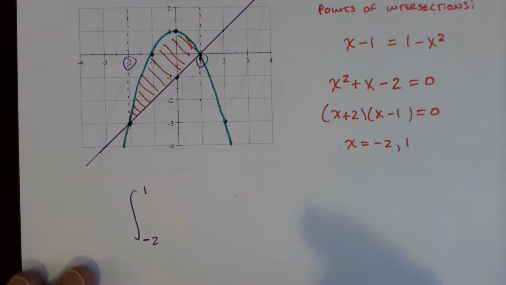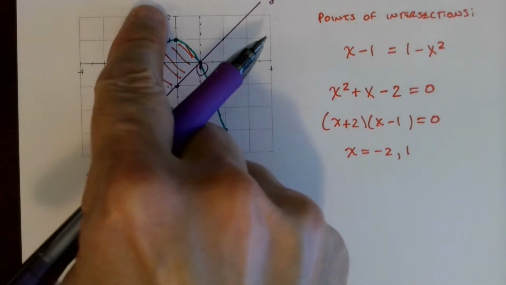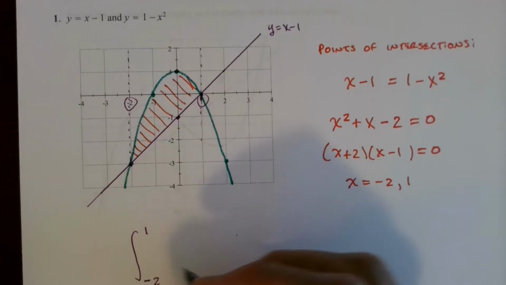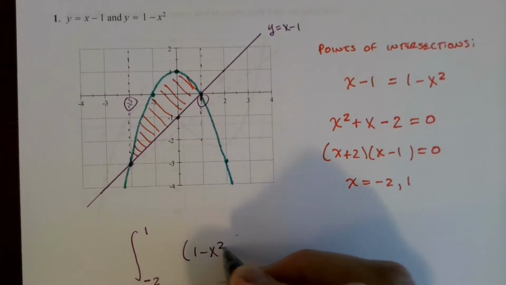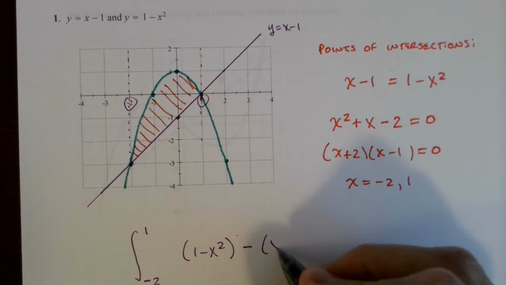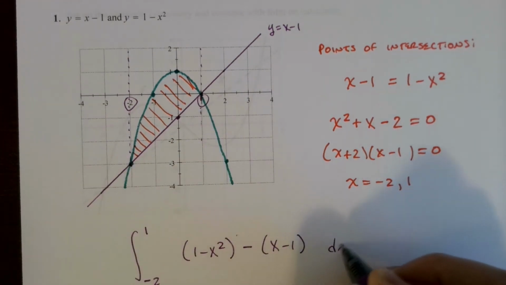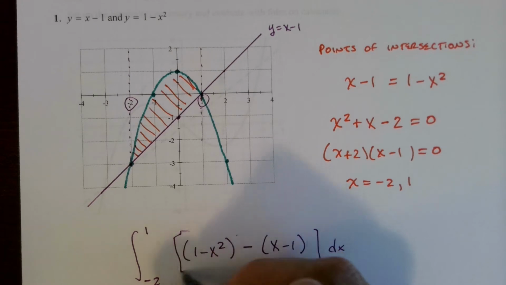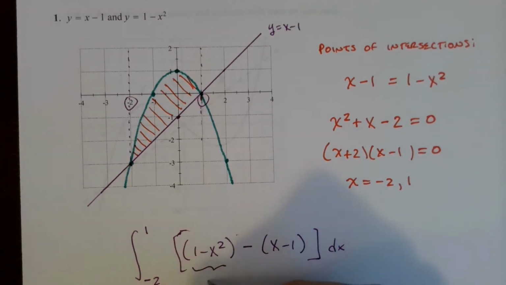It's the top minus the bottom, right? So the top function is the parabola, 1 minus x squared, minus the bottom function, which in this case is the purple line, x minus 1.